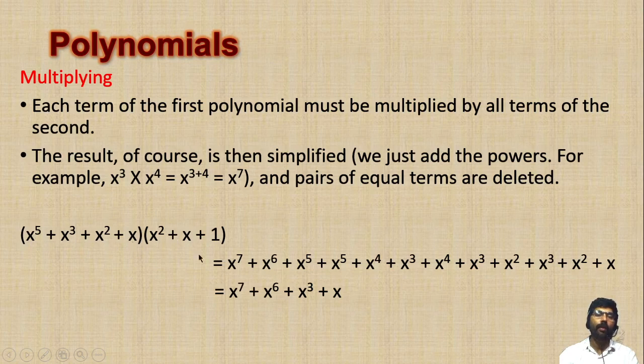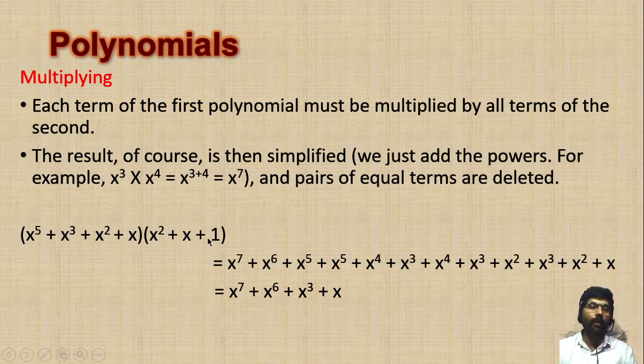Then we have to identify the terms which have the same power, and remove those terms from the expression. For example, consider this example here: x raised to 5, x raised to 3, x raised to 2 plus x. This is the first polynomial. Now the other polynomial is x raised to 2 plus x plus 1.